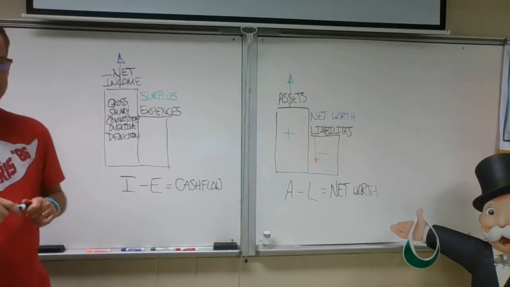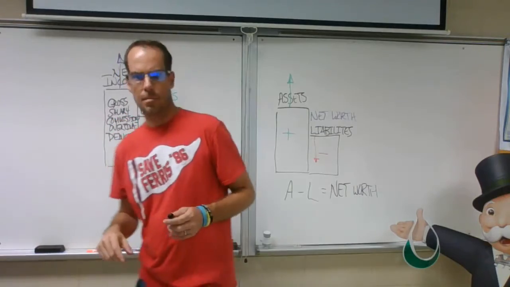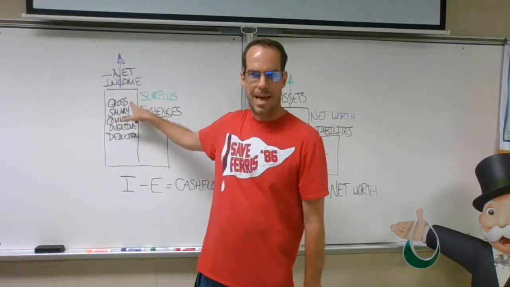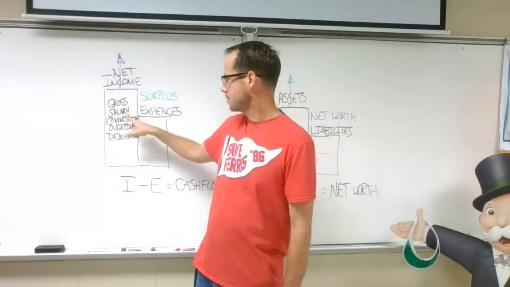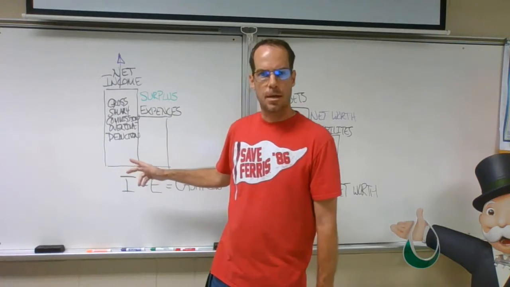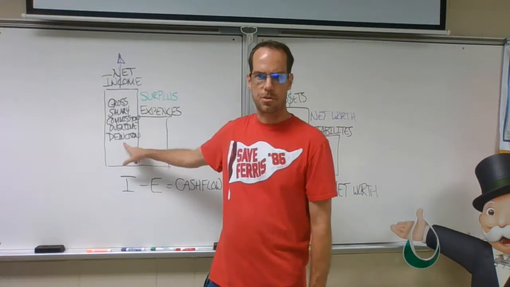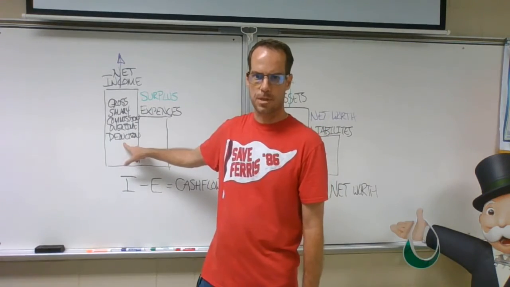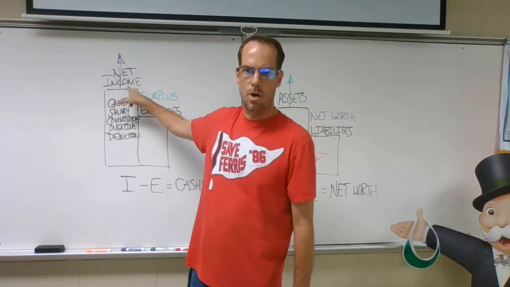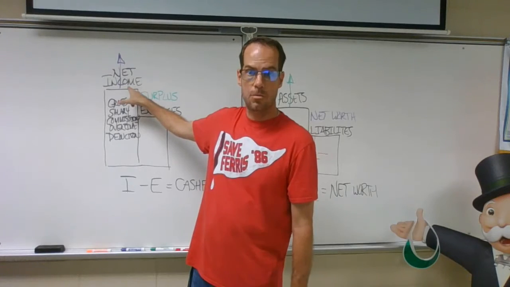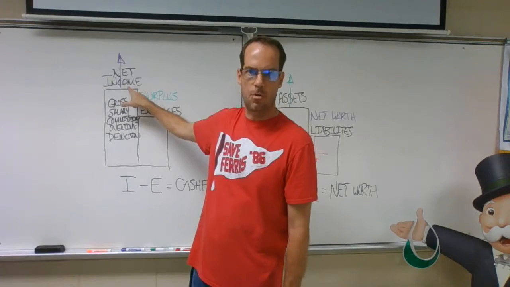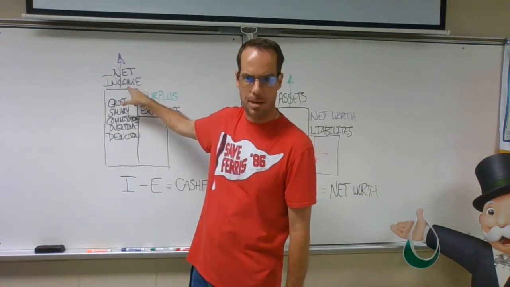And so this week, I'm going to spend a lot of time in video teaching you how to calculate gross income, whether you earn salary, commission, hourly, or overtime. And then how do you calculate the amount that your employer takes out in deductions? Because what we're ultimately trying to figure out is how to calculate what you're going to bring home, what you have available to spend and save, which is called net income or take-home pay or your paycheck amount.